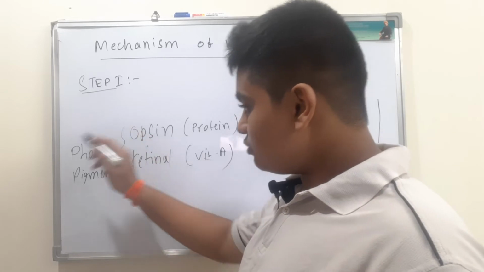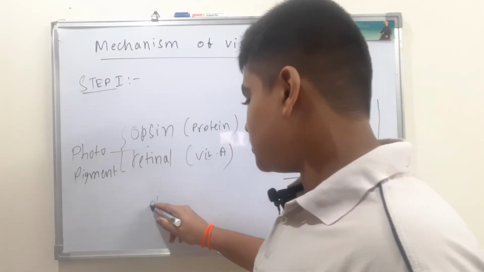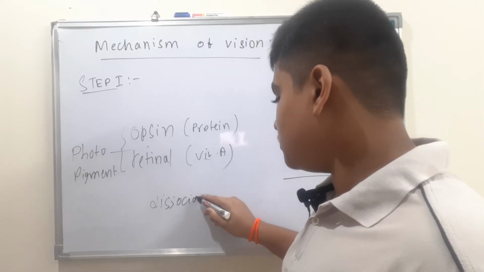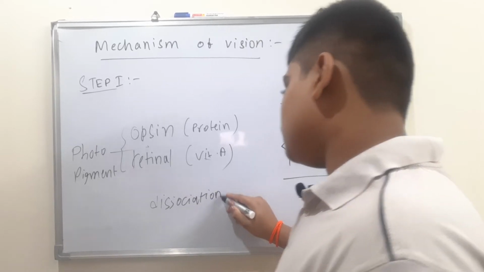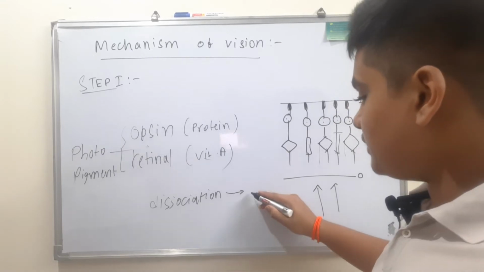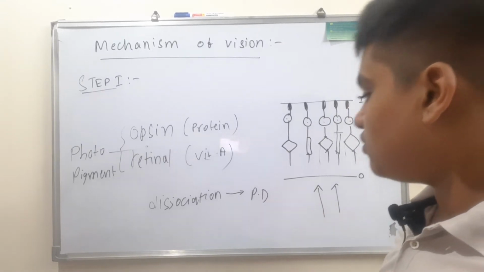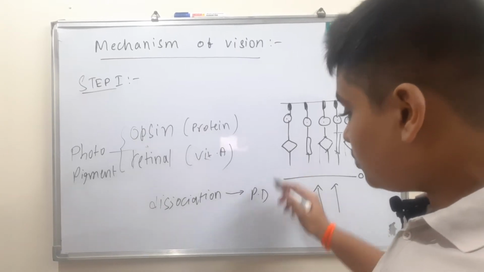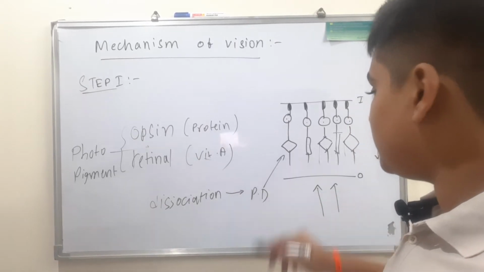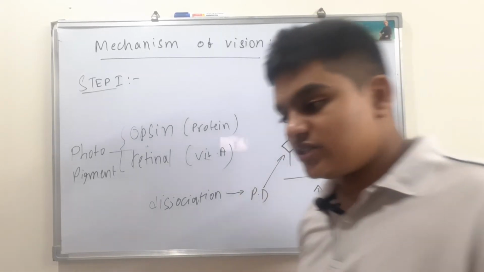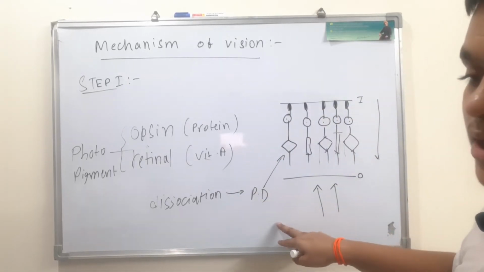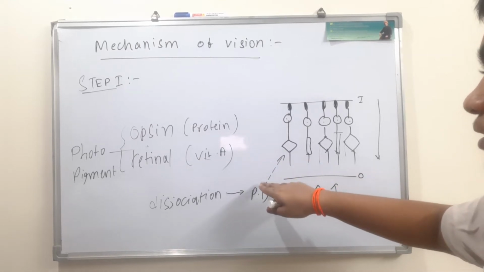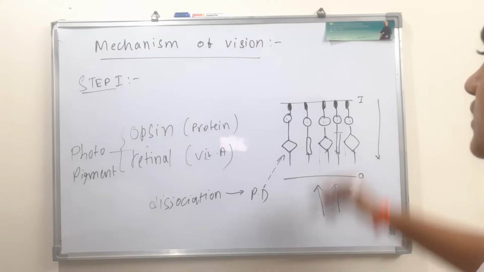Due to this potential difference generated in the photoreceptor cells, action potentials are generated in the ganglion cells.